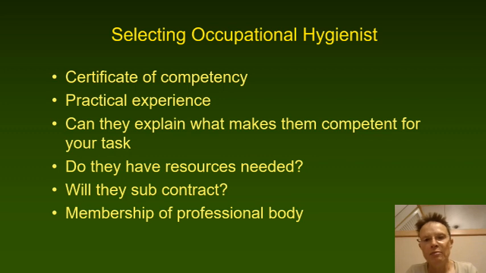We can check their membership of the professional body. And equally, a suitable occupational hygienist should also always give you a full written quotation, what they're going to do, how they're going to do it, details of their competency, but also what is and what isn't included in that quotation.